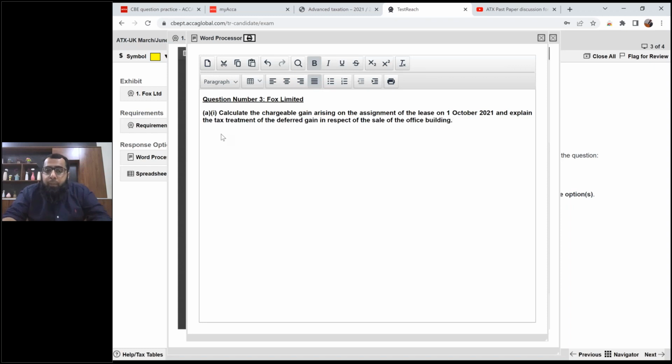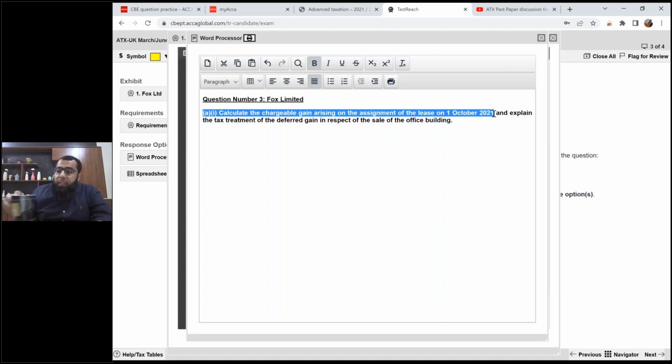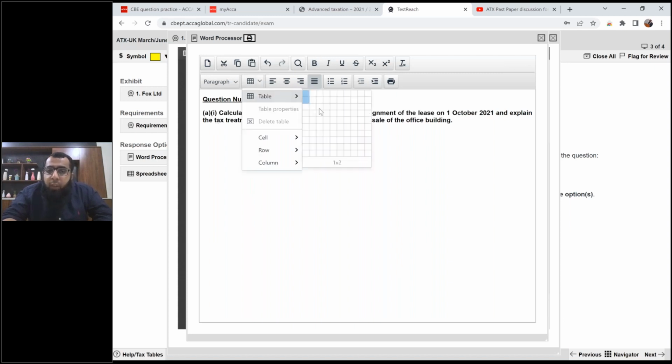Calculate the chargeable gain arising on the assignment of the lease. Can anyone tell me how will I calculate the gain on assignment of the lease?